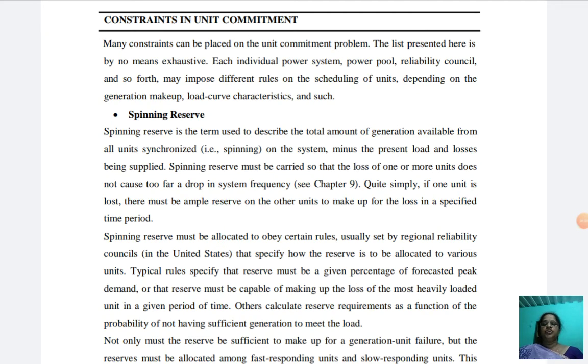The spinning reserve must be allocated to obey certain rules usually set by regional reliability councils that specify how the reserve is to be allocated to various units. The typical rules specify that reserve must be a given percentage of forecasted peak demand, that is the peak load.